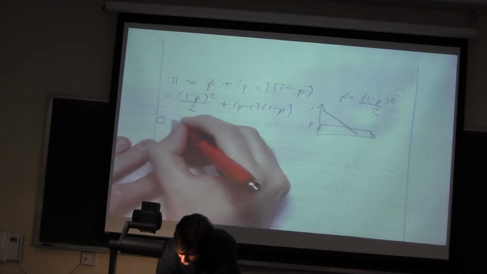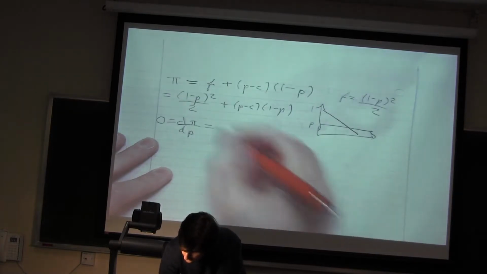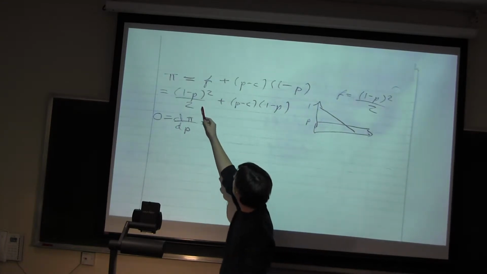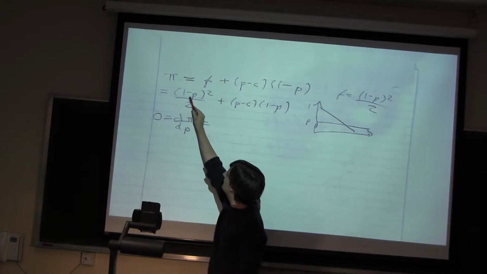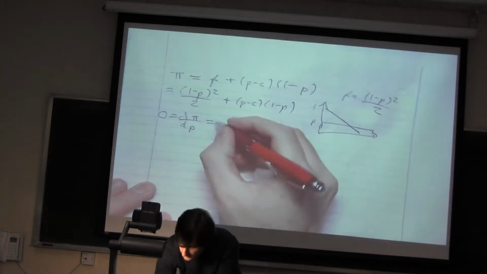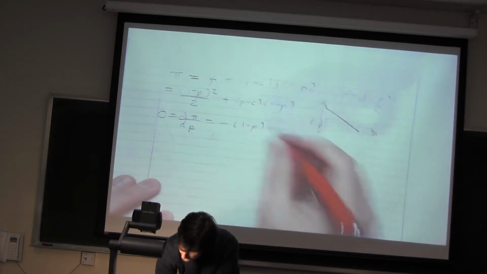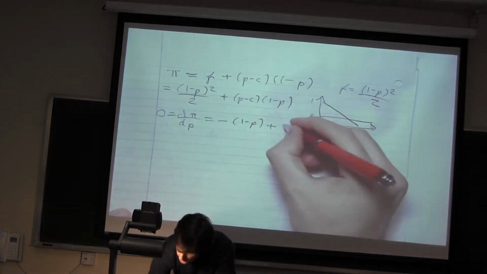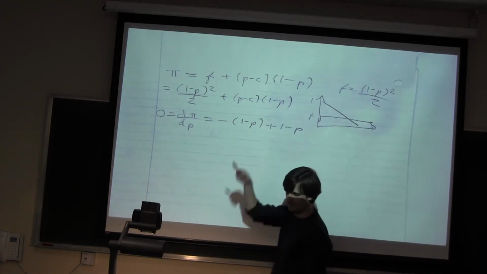So if you were to write down the first order condition, what would you get? Well, we can differentiate this bit. If it wasn't for the divided by 2, it would be minus 2 times (1 minus p), but we've got the divided by 2, so it's going to be minus (1 minus p), plus the derivative of this bit, which is 1 times that bit, is (1 minus p), plus this times the derivative of that, which is minus 1.